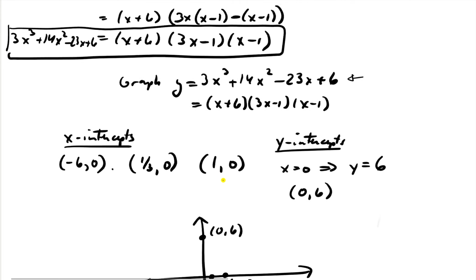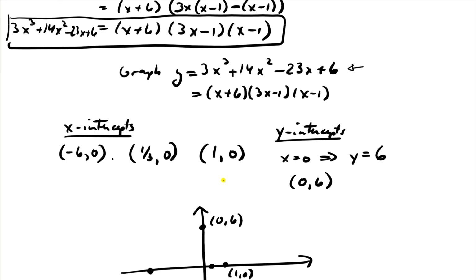And also, looking at the leading term here, we have access to the end behavior. Well, I just look at 3x cubed. 3x cubed looks like this.